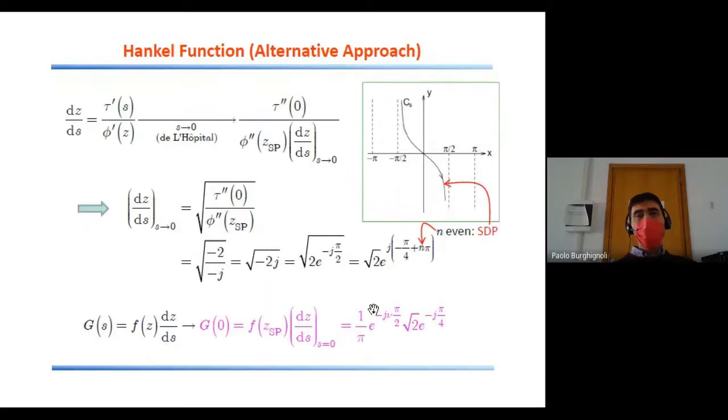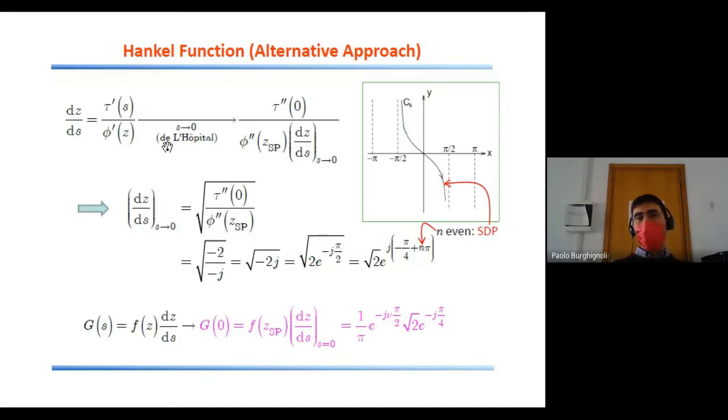Well, because if we now calculate the mapping derivative, dz over ds, by means of the implicit function theorem as the ratio between tau prime and phi prime, this is of course an indeterminate form, because both the numerator and the denominator go to zero when we approach the saddle points in the respective complex planes.